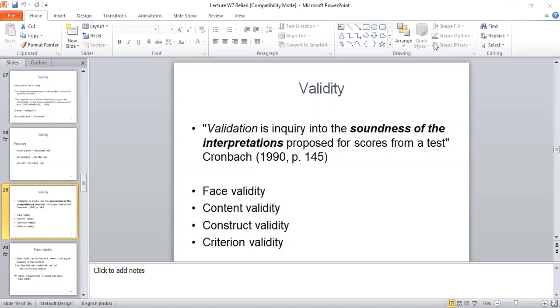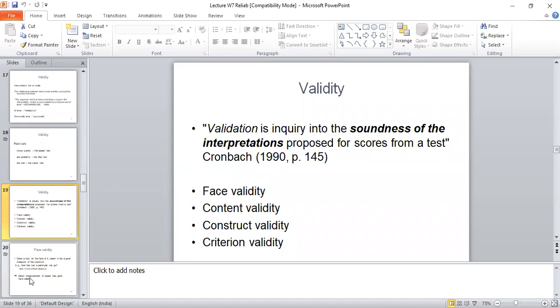Moving on to the next type of validity, which is content validity. Content validity is also designated by others as relevance, curricular validity, and representativeness. So, when a test is constructed so that its content measures what the whole test claims to measure, the test is said to have content validity.